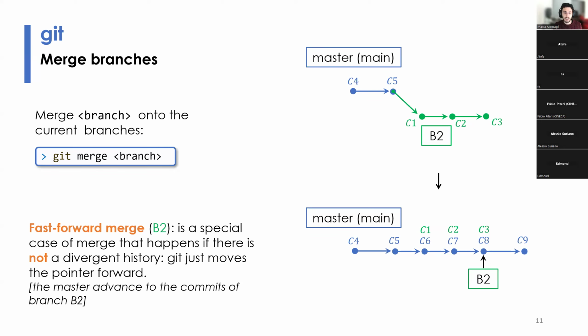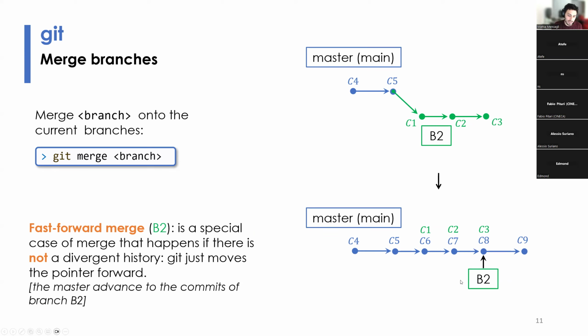If you merge, the pointer of the master branch will just be moved forward to the end of the B2 branch. Therefore, the C1, C2, and C3 commits will just belong to the master right now in this fashion. B2 will remain in this commit, and the master will keep going, of course.